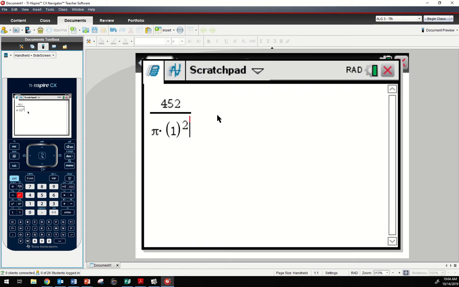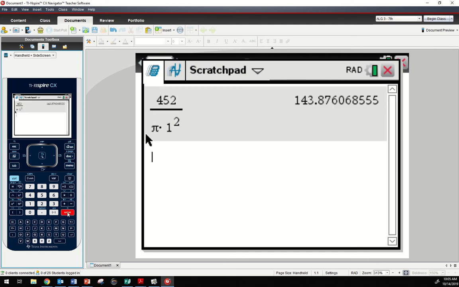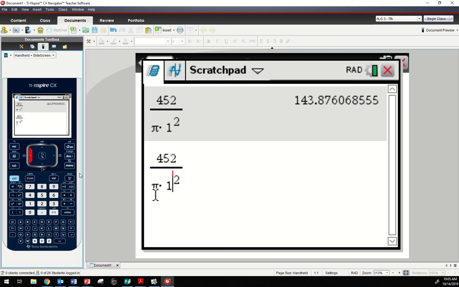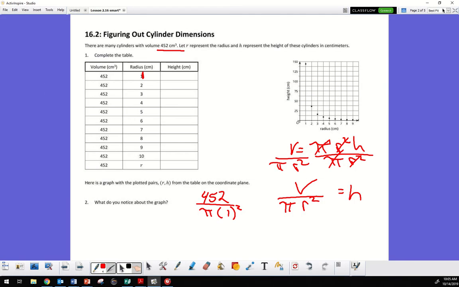If you set this up, then every time you do this, you could just use the calculator. So watch this. Enter. My height is going to be 143.8. And then to do it again, watch this. I'm going to arrow up twice, hit enter, and then I just change my 1 to a 2. That's my next problem. So 143.9. And you guys are actually going to do those right now.